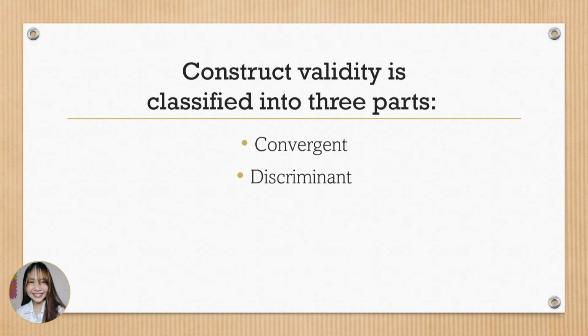It refers to the fact that the scale under investigation has no significant correlation with other constructs that are operationalized as being different. Finally, we have nomological. It allows researchers to evaluate how well one particular construct theoretically networks with other established constructs that are related yet different.